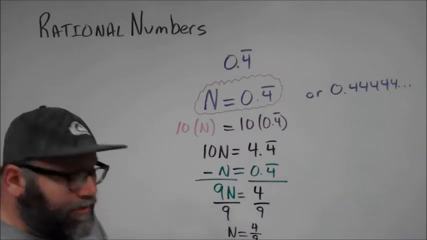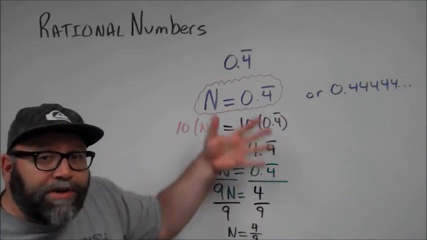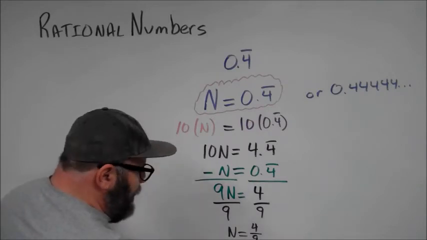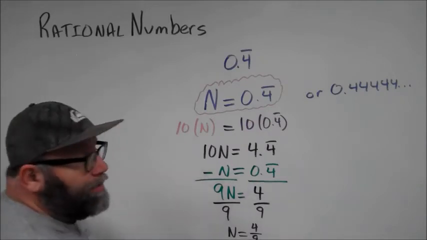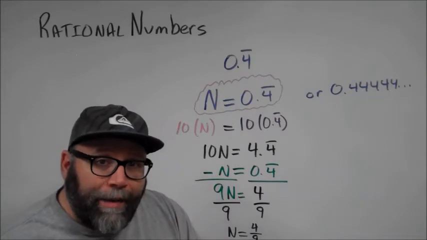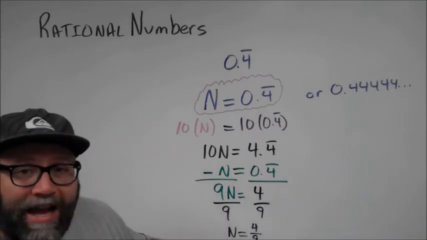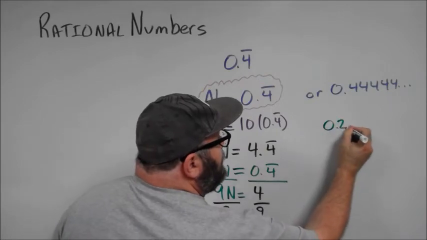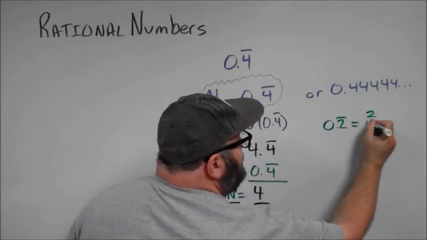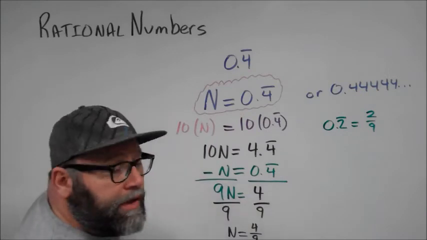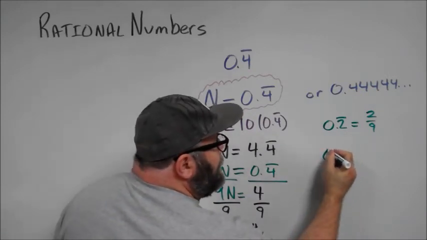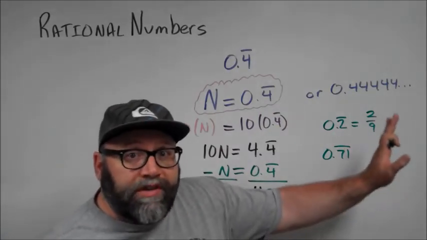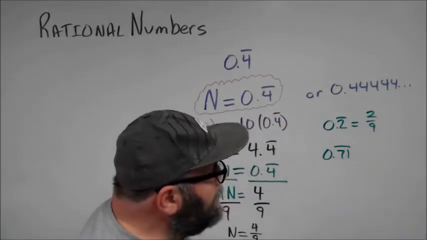Now, this is great. Here's the proof of this. But the reality is that anything I work with that has a repeating decimal will have a denominator that is a series of 9's. So if I had 0.2 repeating, that is 2/9. If I had 0.71 repeating, that means it goes 7-1, 7-1, 7-1, 7-1.